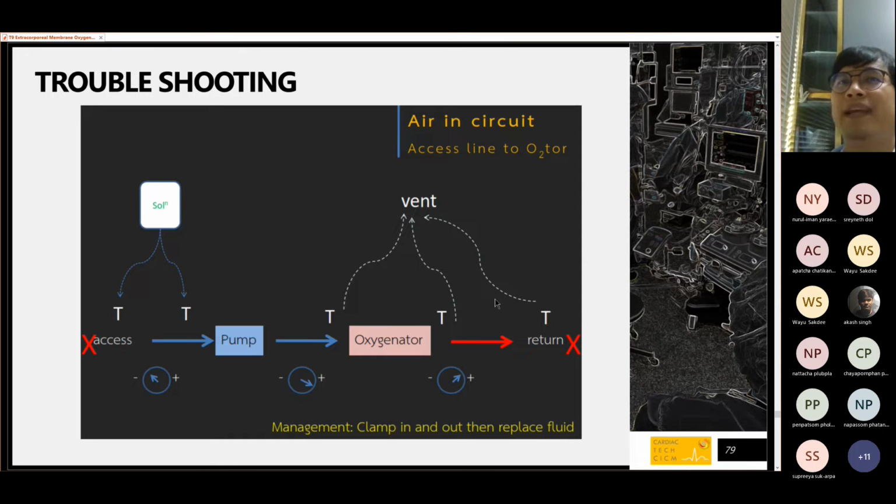So you need to understand your circuit well. Okay.